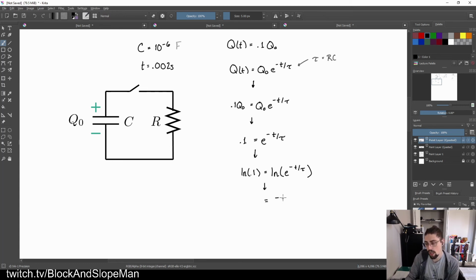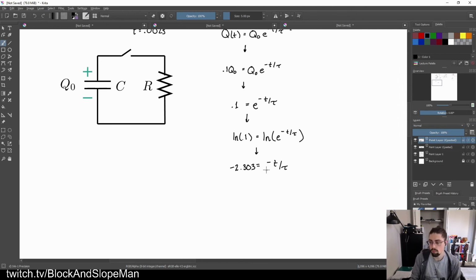So this is going to become negative t over tau. Natural log of 0.1, on the other hand, I think I remember this number, but I want to make sure that I'm not goofing it up, should be negative 2.303. Both of those, I can get rid of the negative sign. Who cares about that thing?